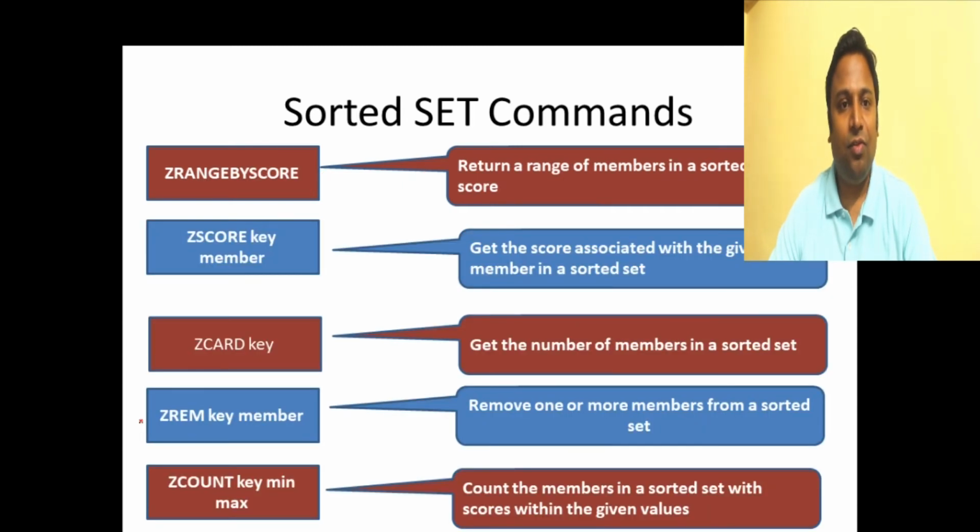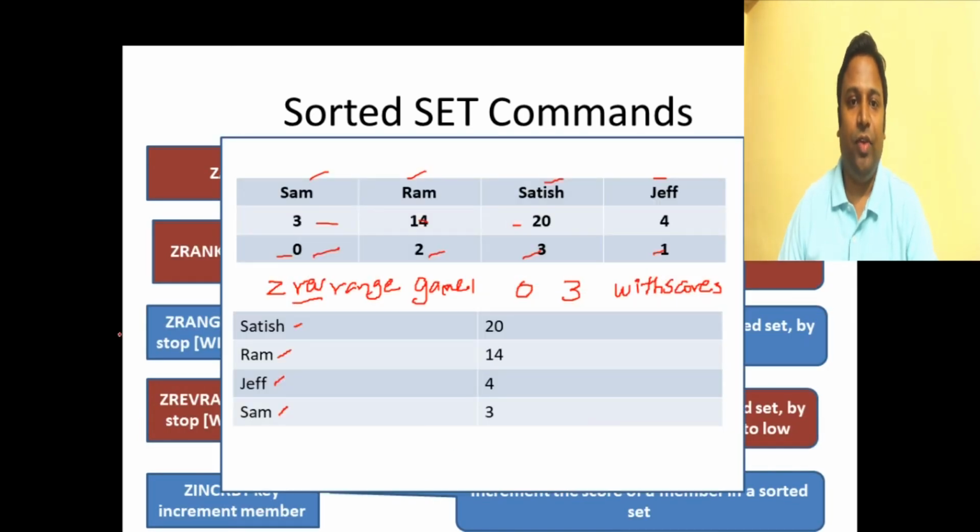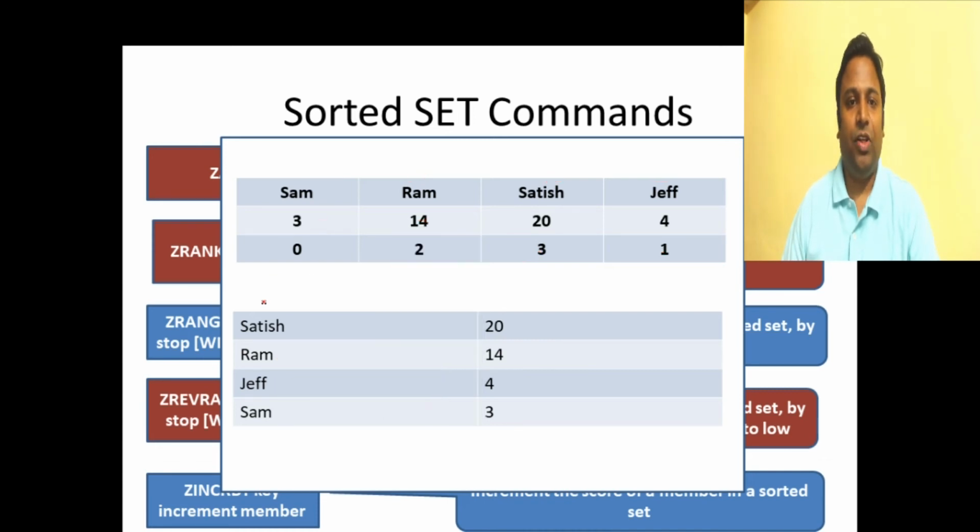Let's go to another set of commands. ZRANGEBYSCORE. I can also print the range of elements from a set using the score. Let's take a look at the example here. We have the scores 3, 14, 20 and 4, and we can use the scores to print the range of elements from a set. For instance, I want to print all the members who have got a score from 3 to 14.